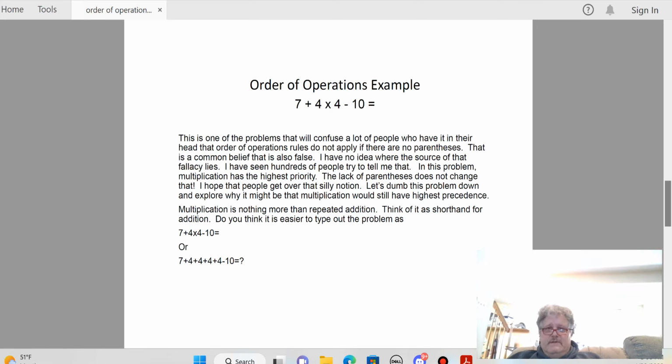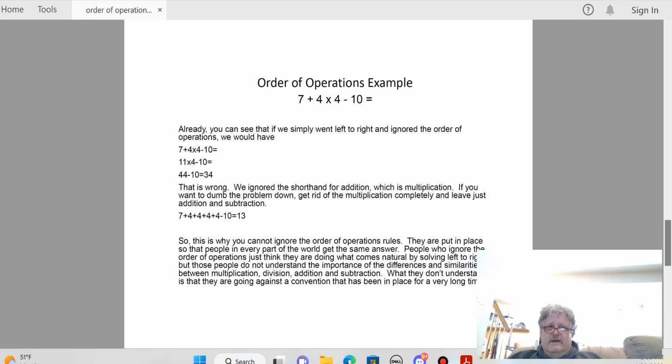So for some people, maybe that's easier to understand why you do not want to go left to right. You do not want to go 7 plus 4, which is 11, and then multiply that by 4. That gives you 44. 44 minus 10 would be 34. Already you can see that if we simply went left to right and ignored the order of operations, you would end up with an answer of 34.